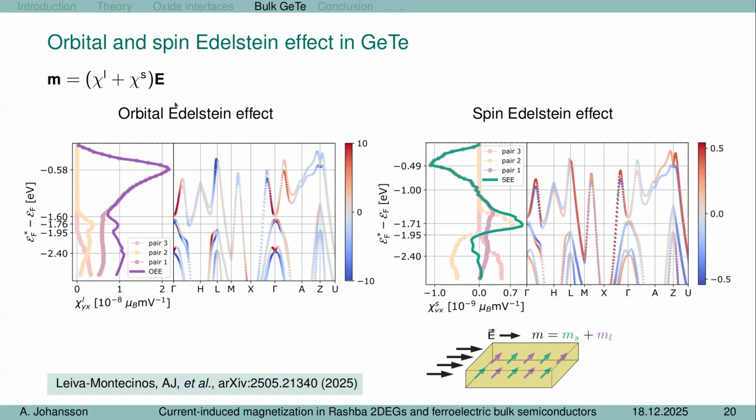In the systems I discussed, we only have the xy and yx elements because we always have either rotational symmetries or mirror symmetries which forbid the other elements. But if you now think of, for example, a chiral system where you have an absence of mirror symmetries, then you can also have diagonal elements of this tensor. Does this answer your question?